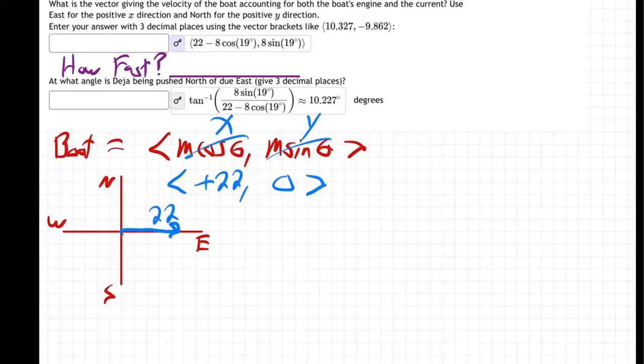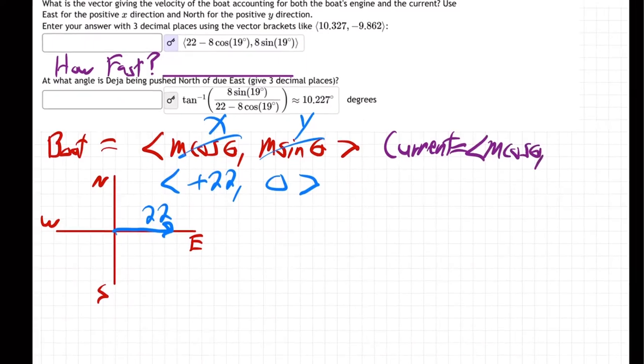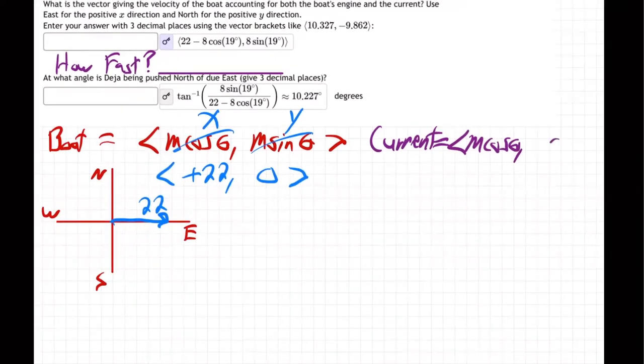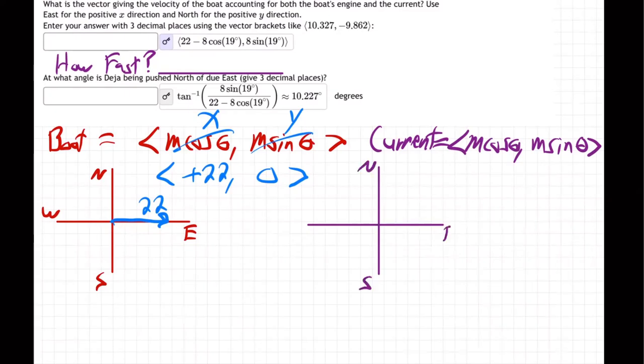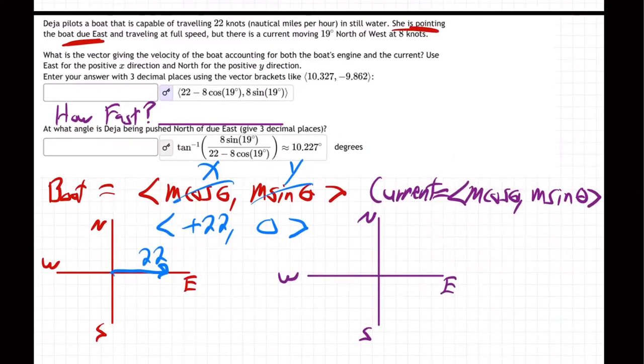Okay. So now though, on the other side, we have the current vector. Now, current vector, again, we are gonna have to use m cos theta, comma, m sine theta. Let's draw the situation first off. This one will be a little more complex. Again, we have the north, south, east, and west. Where's the current?